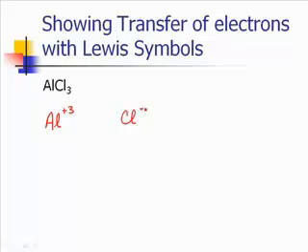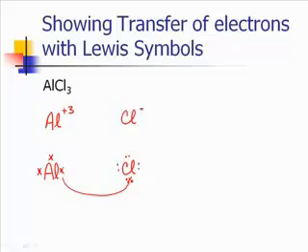So let's look at what our Lewis structures would look like here. If I look at aluminum, aluminum's going to have 3 valence electrons, and I'm going to just put them around like that. Chlorine has 7. Actually, I'm going to use X's for the aluminums just to make them look different.